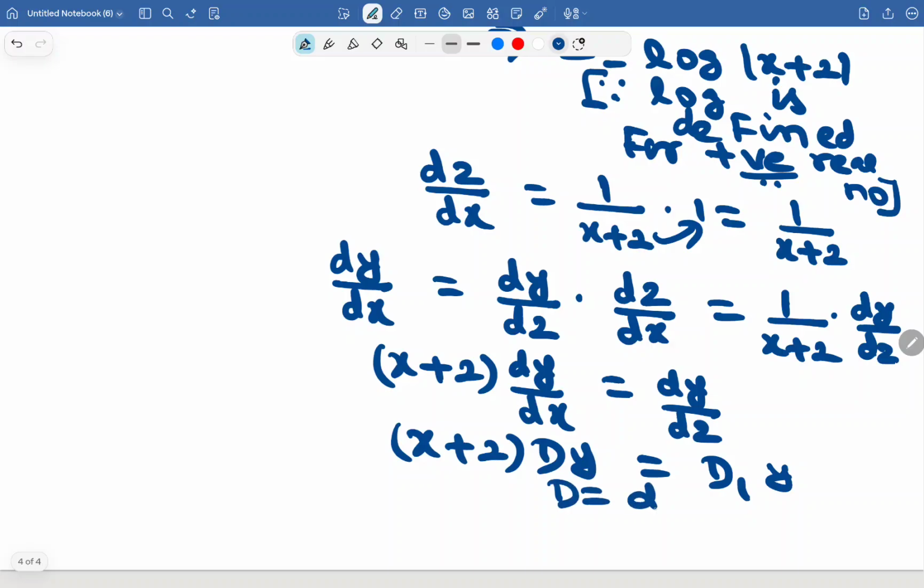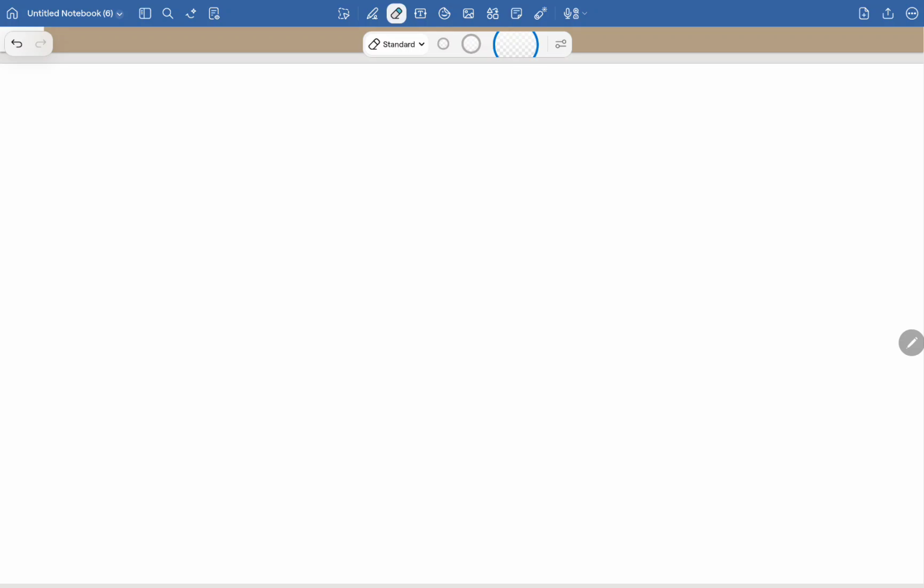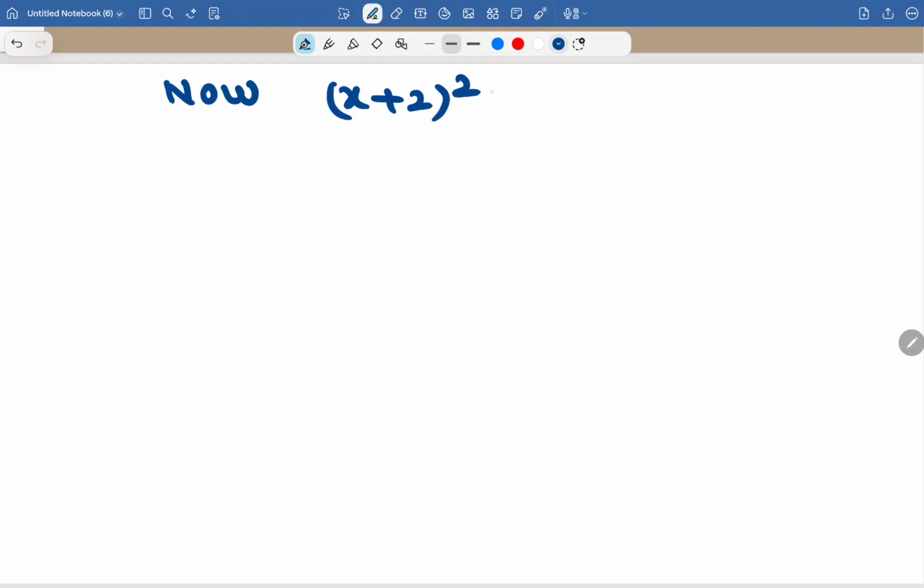Here D is d by dx, D1 is d by dz. Operator D1 means differentiation with respect to z. Operator D means differentiation with respect to x. Now x plus 2 whole square D square is D1 into D1 minus 1.